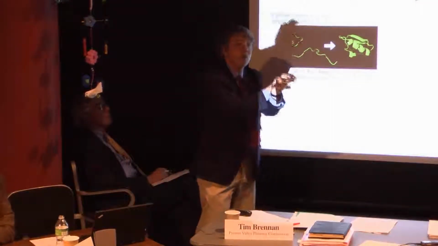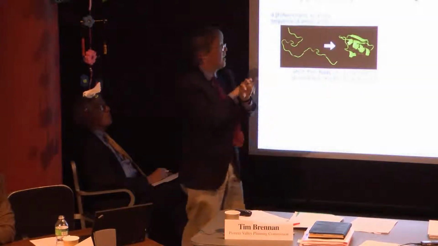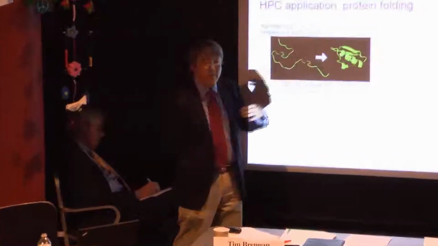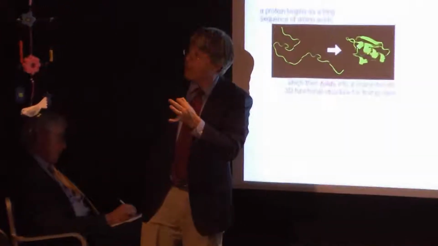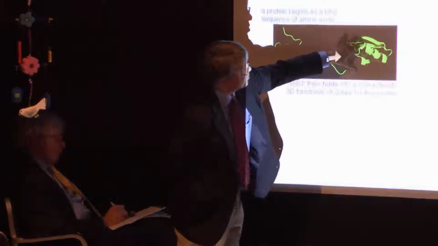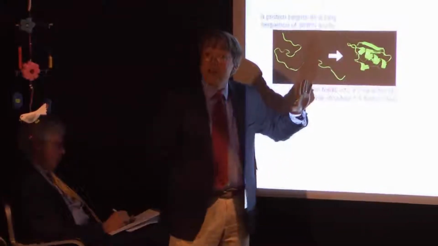The protein can move around within the cell and within the body and do useful things. So a protein is formed in a cell as an unformed sequence of amino acids, and then over a very short period of microseconds, in your body, it folds and turns into something functional that your body can actually use.